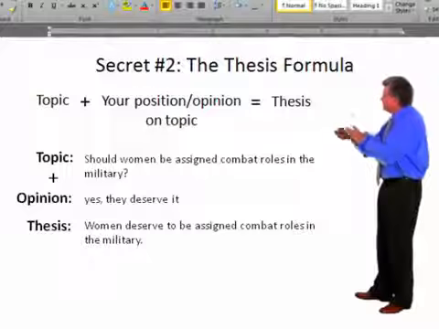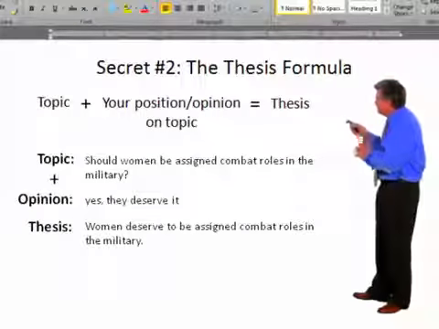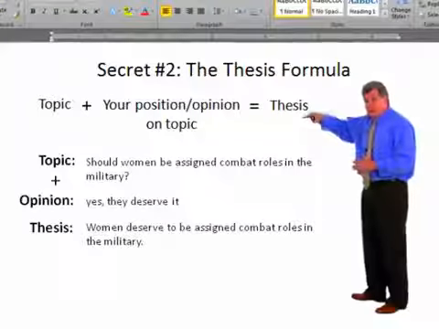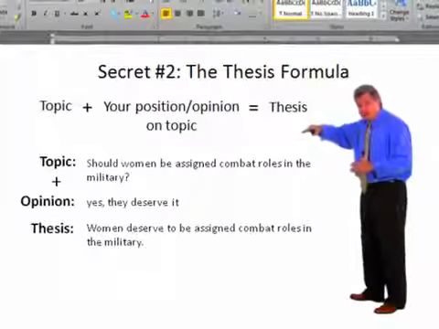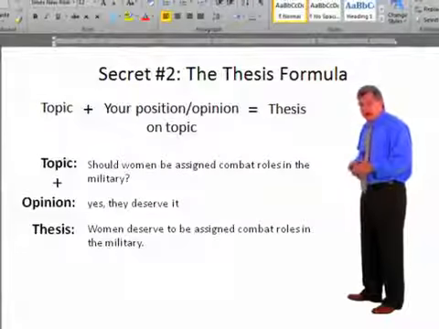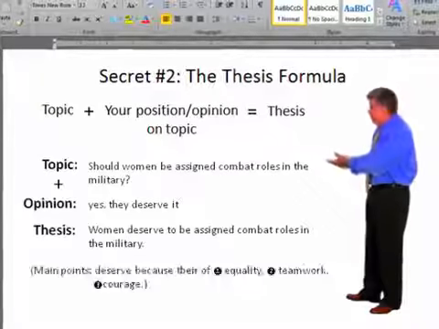Thesis, and that would be: women deserve frontline combat duties in the military. See what you did? The topic: should women be assigned? Yes, they should. They deserve it. And we added those two together and we got our thesis statement. Now come those three main points that we came up with earlier.